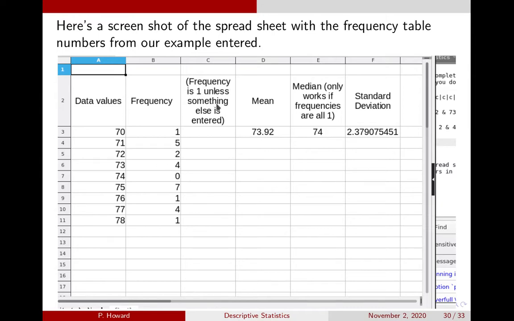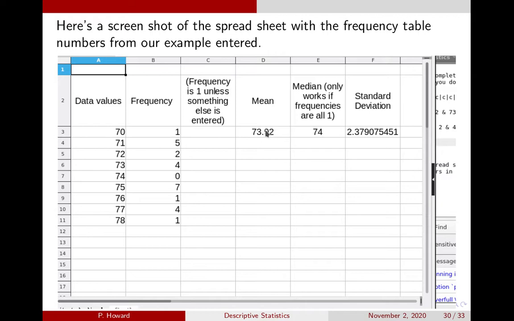And I just note here that unless some other number is entered, the frequency of 1 will be used. So if you do not enter frequencies in the frequency column, a frequency of 1 will be used.